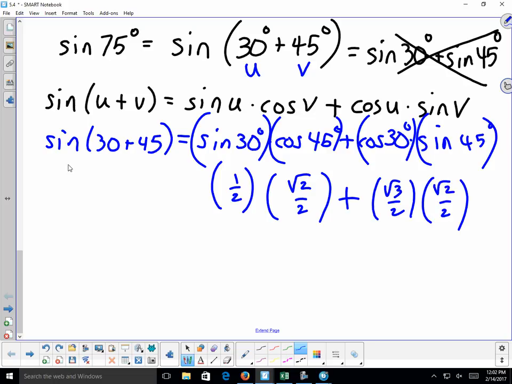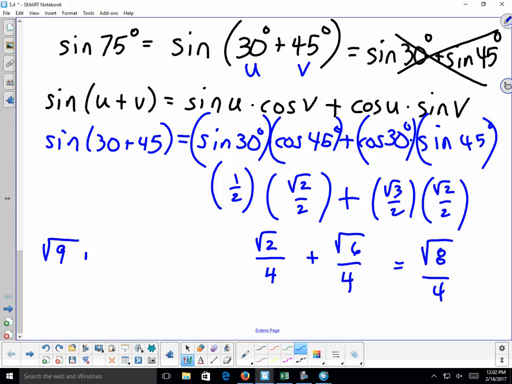So in this case, I'm multiplying 1/2 times the square root of 2 over 2. That gives me square root of 2 over 4. And I'm adding to that, and I get square root of 6 over 4. All right? And is that equal to square root of 8 over 4? I hear some people saying yes, some people saying no. I'm going to say no. So I will ask it this way: is the square root of 9 plus the square root of 16 equal to the square root of 9 plus 16?